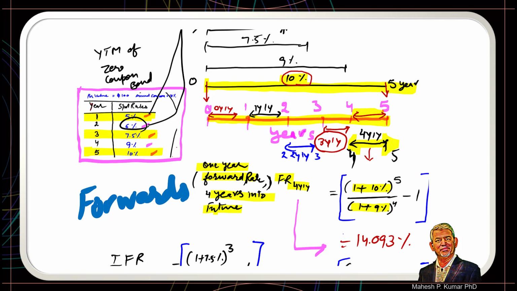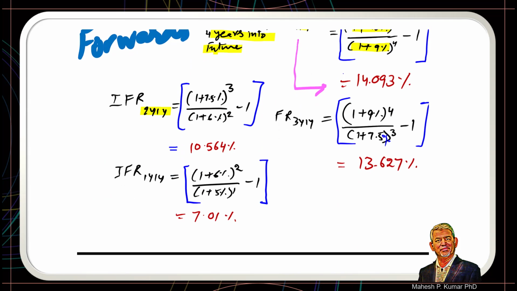It is just the same thing as the YTM of a zero coupon bond which matures in 1 year. So it is the same number. Even if we do the calculation, we get 5%, right?